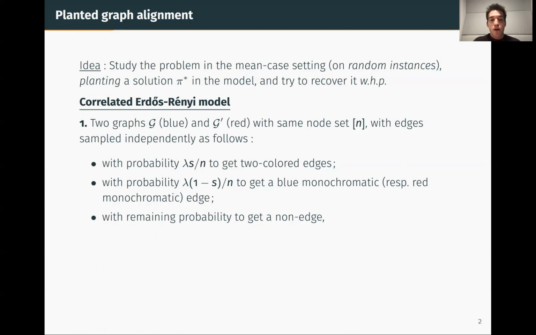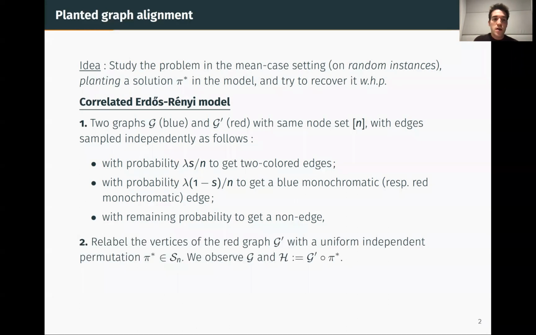Okay, so this is the first step. We generate two correlated graphs, and then, as I said, we have to plant a solution. So the second step is as follows. We simply relabel the vertices of, say, the second graph, G prime, with a uniform permutation pi star. So this pi star is the planted solution. And now we observe G and H, which is the relabeled version of G prime.